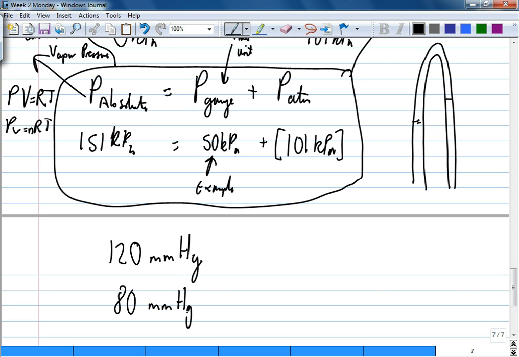This obviously assumes that your blood pressure is above atmospheric, correct or not? If your blood pressure is below atmospheric, what happens? If you cut yourself, the air goes inside. So it is unlikely to happen. So this is above atmospheric.